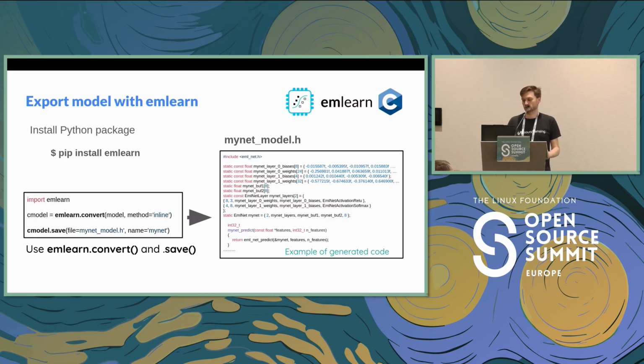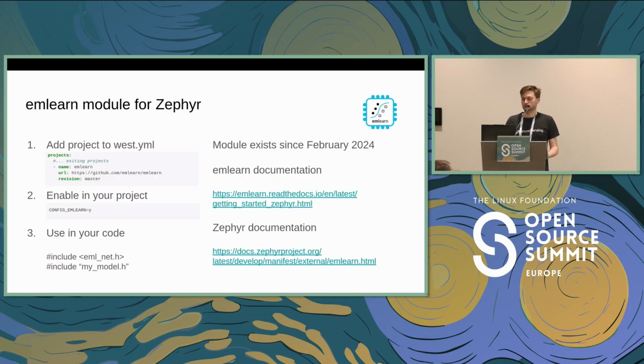All the models are supported. And to get it into Zephyr, it's a header-only C library, so you don't need much magic to do it. But as a convenience, there is a Zephyr module, so you can just declare it in your West config. You enable it in your project, and it will automatically do the correct include paths, etc., so that you can use it in your code.